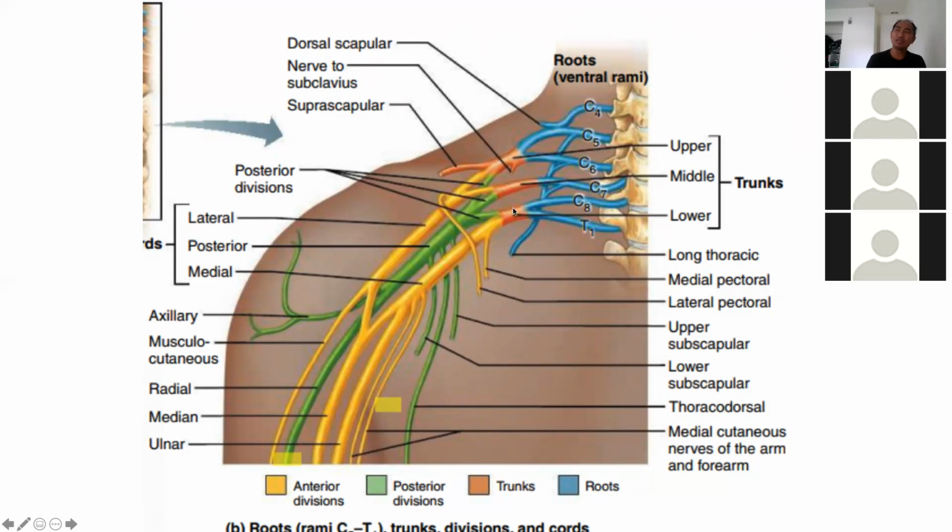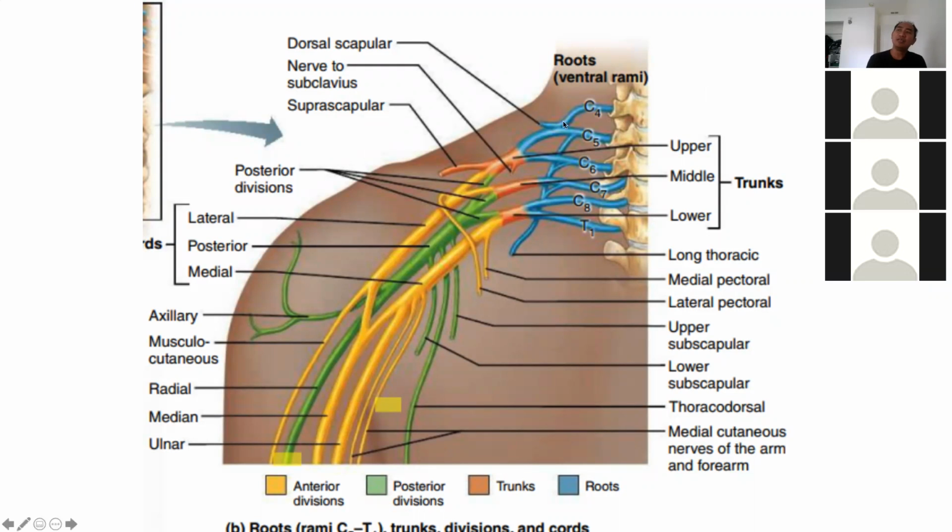Sometimes, not always, and rarely, cervical 4 might contribute. Forget about cervical 4. We will remember C5 to T1, 5 spinal nerve roots, anterior or ventral rami, combine to form the brachial plexus.